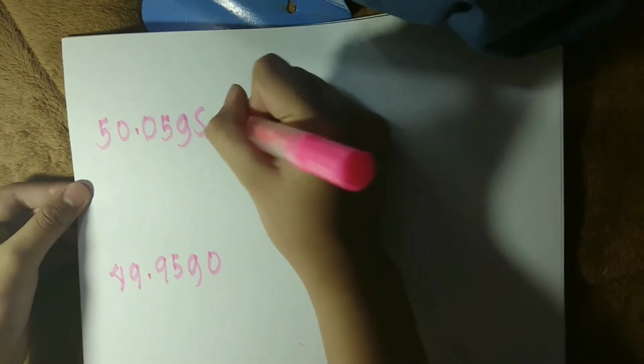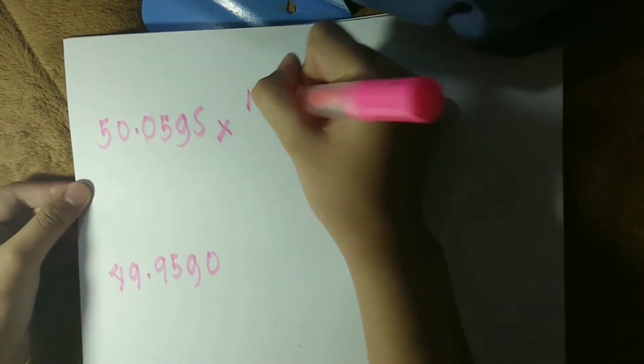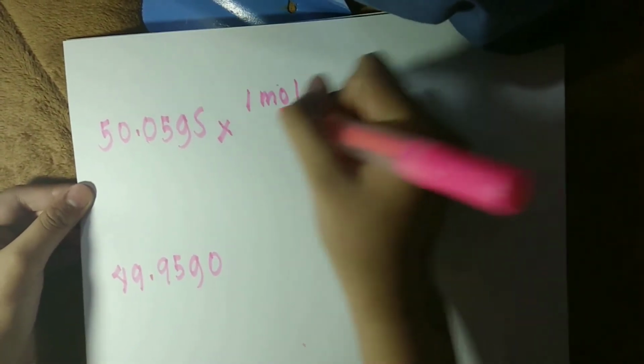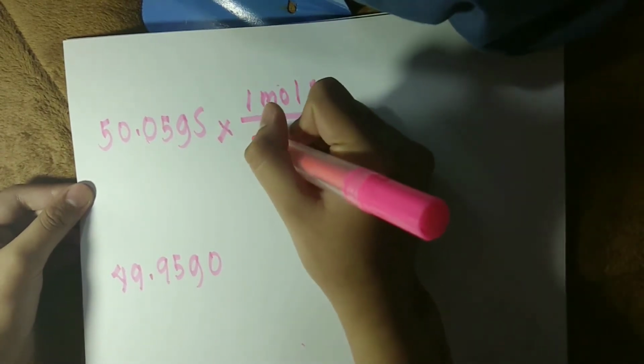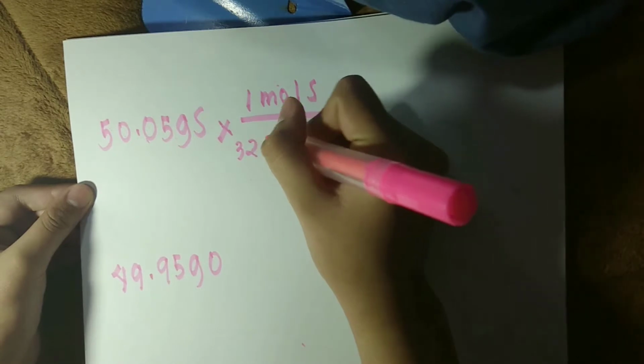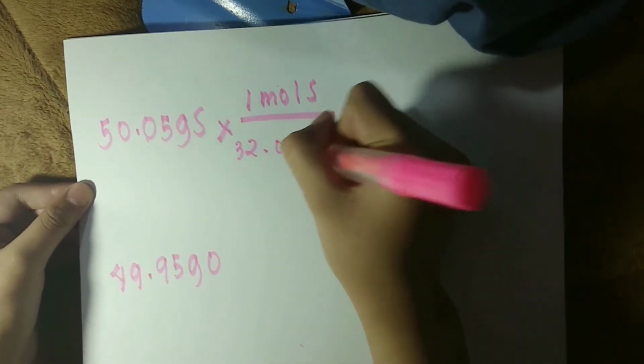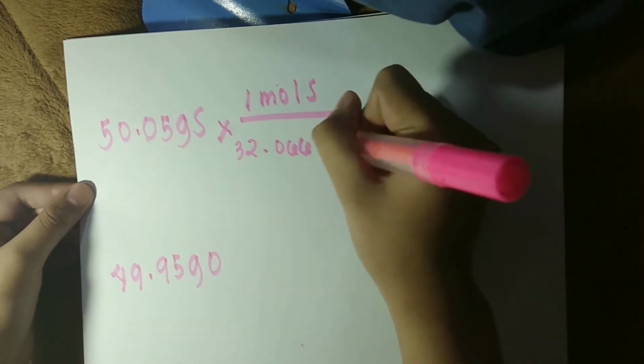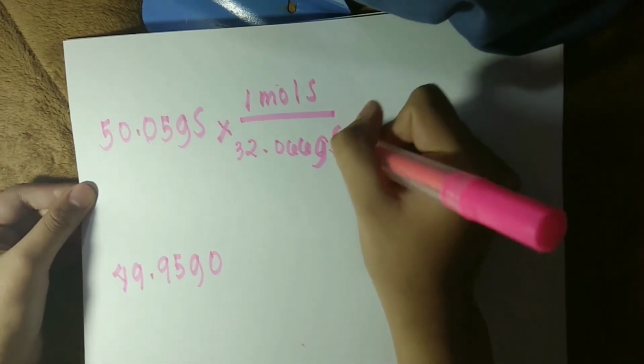Multiply by 1 mole of sulfur divided by 32.066 grams of sulfur.